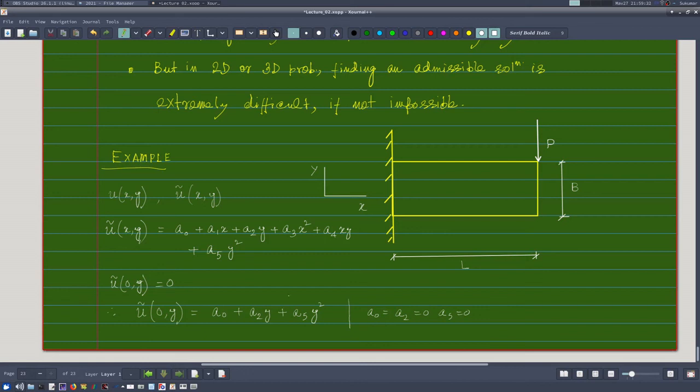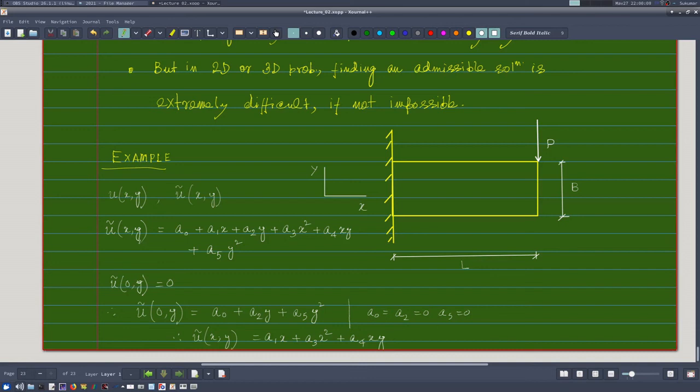In that case, what will I have? I will have u tilde of x, y equal to a1x plus a3x square plus a4xy. Now my solution depends on y only through one term, so that obviously will not give me a good solution.